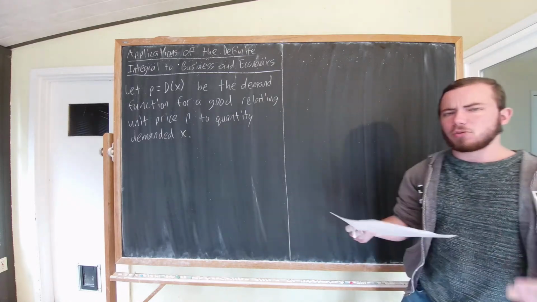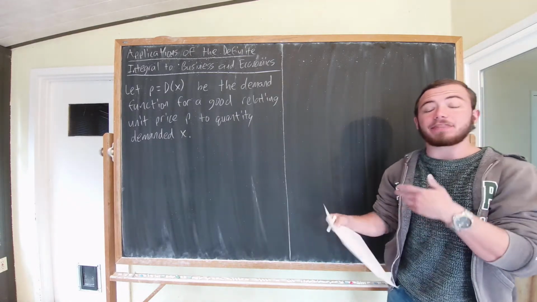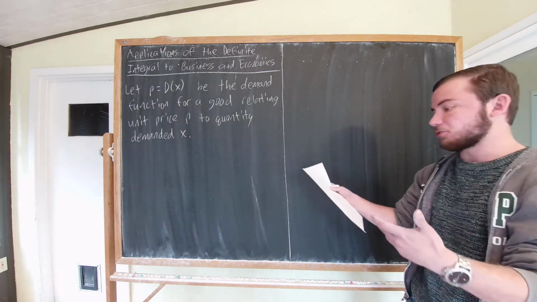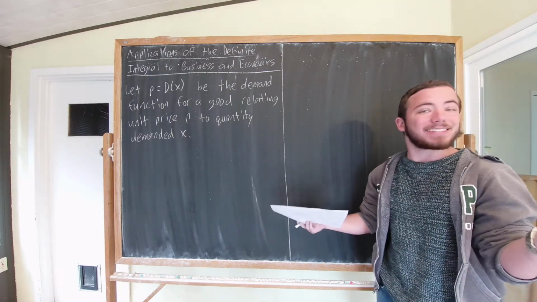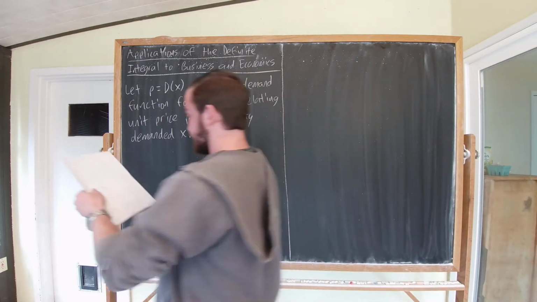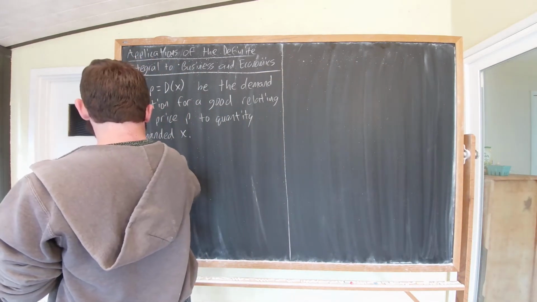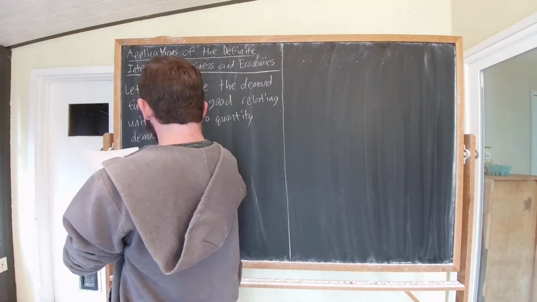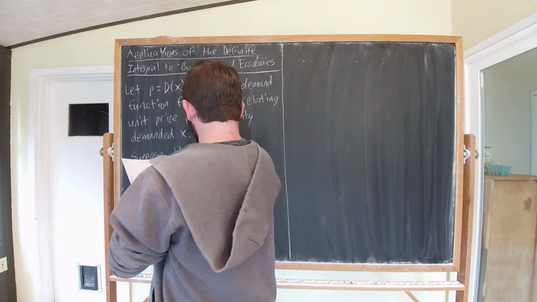Let's say we have some more specific information. Let's say that the market price has been fixed at some value P bar. Maybe it's equilibrium price P bar, that would be a common one. Or maybe there's a law saying the price is this much.